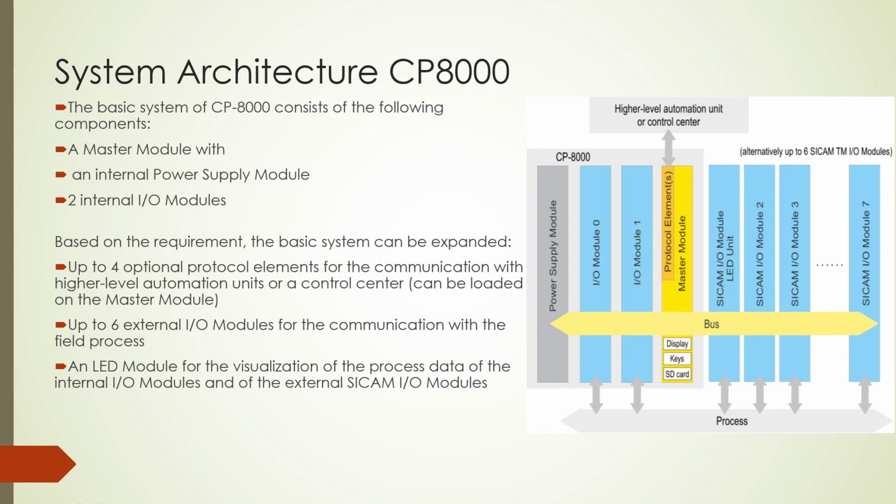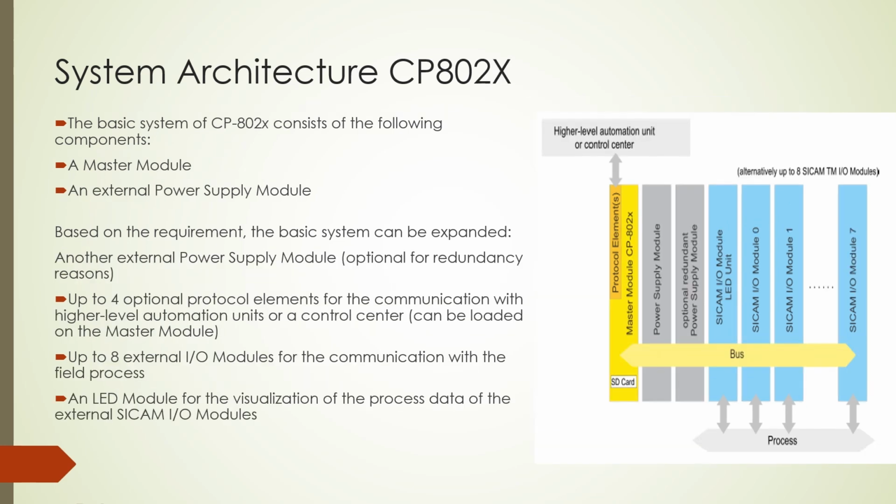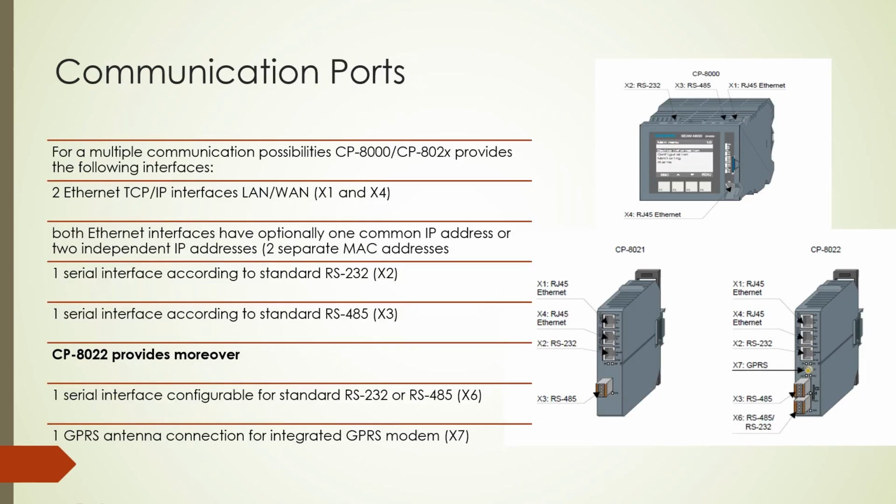So now we'll talk about the communication ports. CP8000 and 8021 support up to 4 interfaces: 2 TCP/IP and 2 serial ports. And CP8022 provides, moreover, 1 serial interface, that is X6, and 1 GPRS antenna, that is the X7 port.